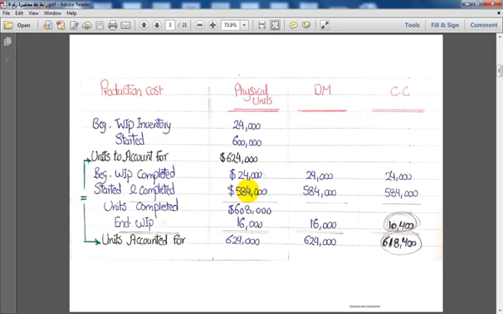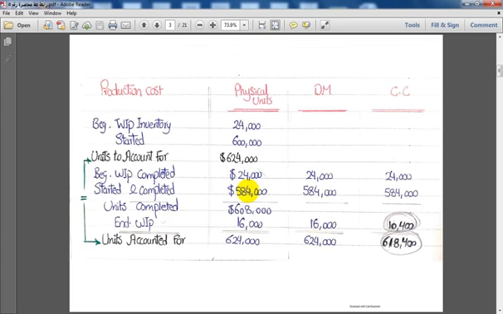The total units accounted for must be equal to units to account for. These two numbers must be equal, 624,000. We have units completed of 608,000 given, so the residual equals 16,000 ending work in process. This is step 1 and this is step number 2.